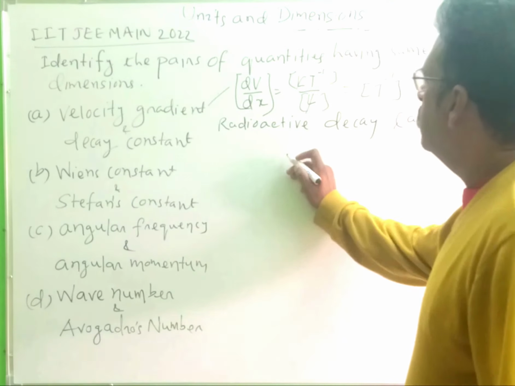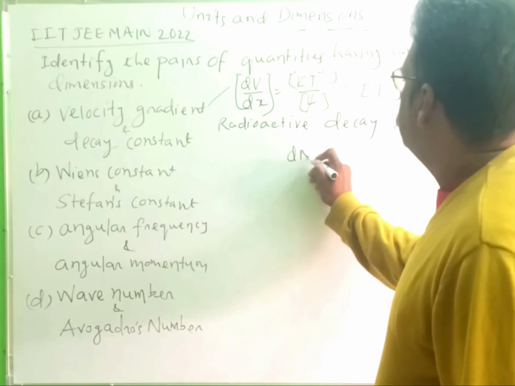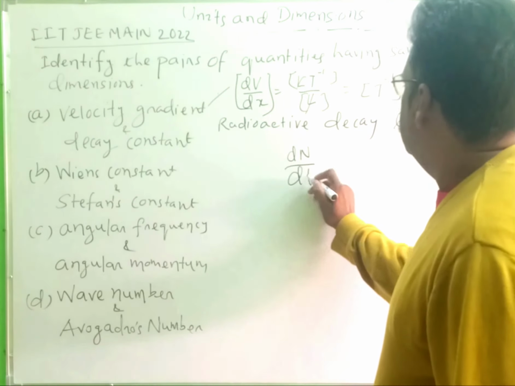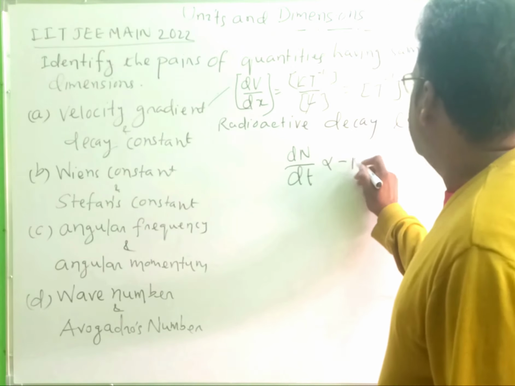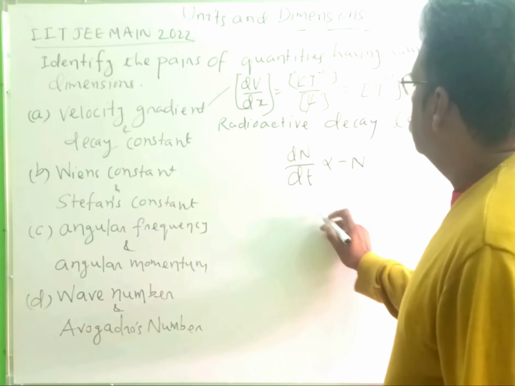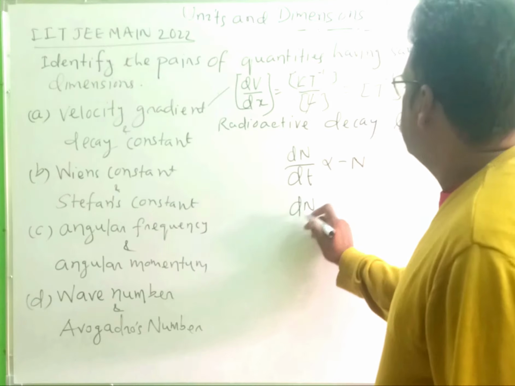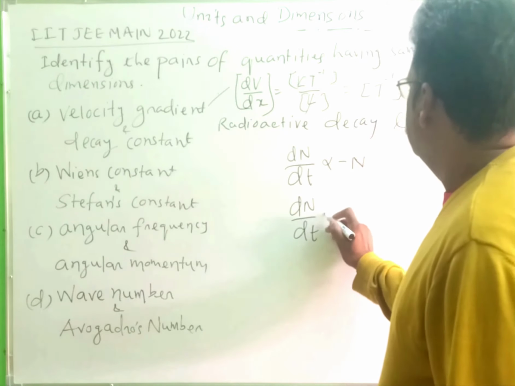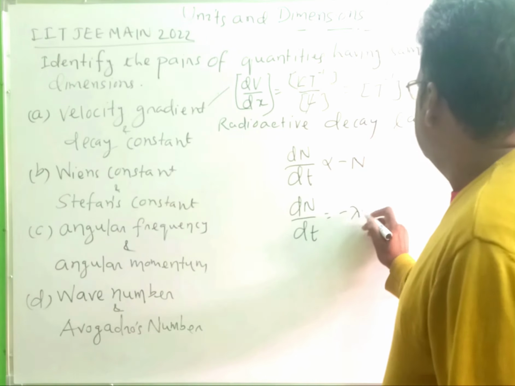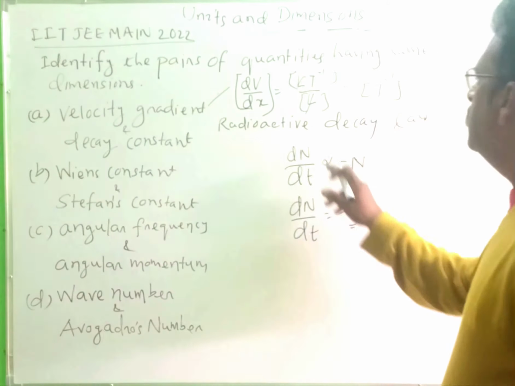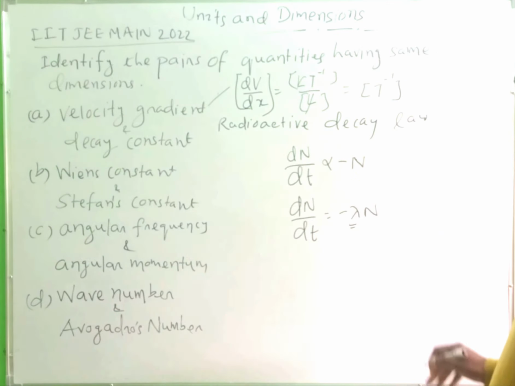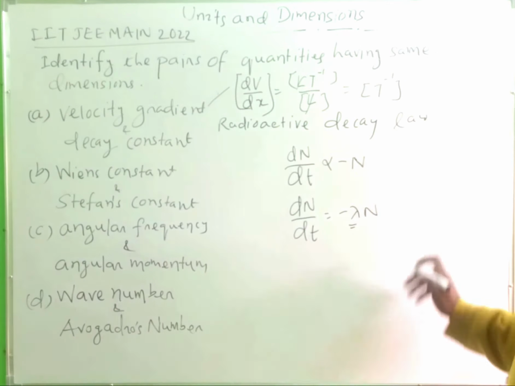In a mathematical way, that is expressed as dN by dt is directly proportional to minus N, or this is written as dN by dt is equal to minus lambda N, where this lambda is, student, the decay constant. So what will be the dimensions of lambda, student?